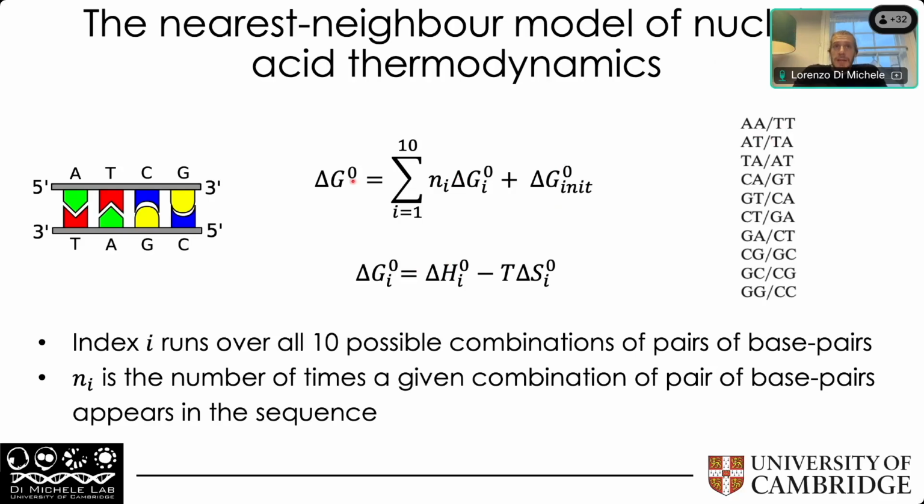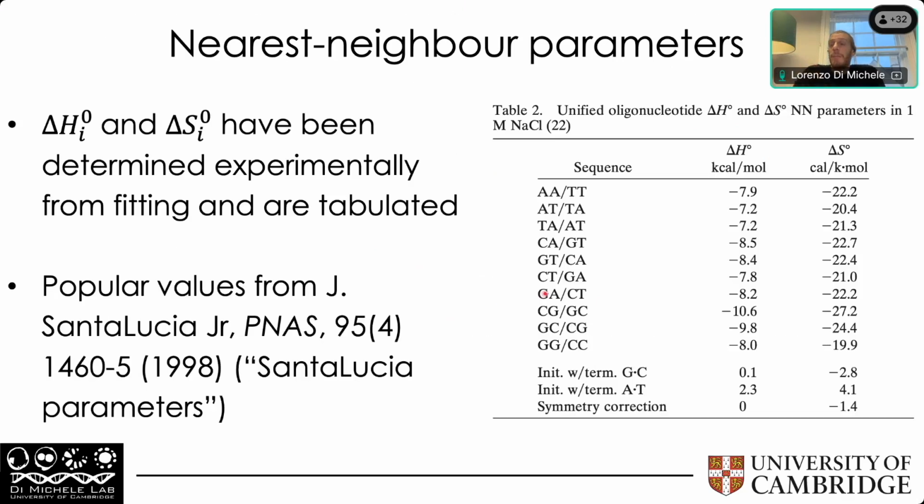Of course, the delta G contribution for each of these possible combinations of neighboring pairs of base pairs, you can split in a delta H contribution and a delta S contribution. And of course, someone has measured this experimentally, doing loads of measurements of melting temperatures, typically, or calorimetry.